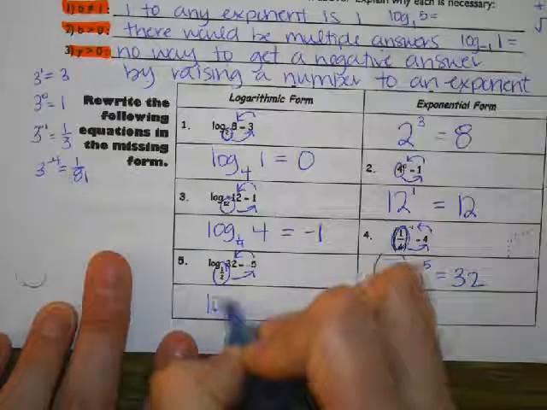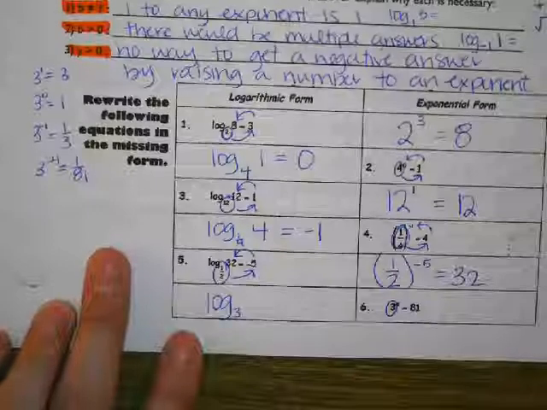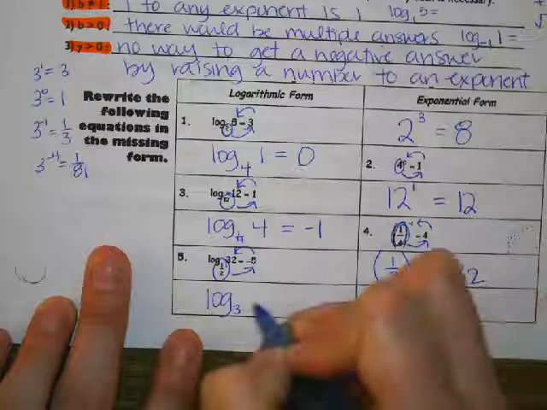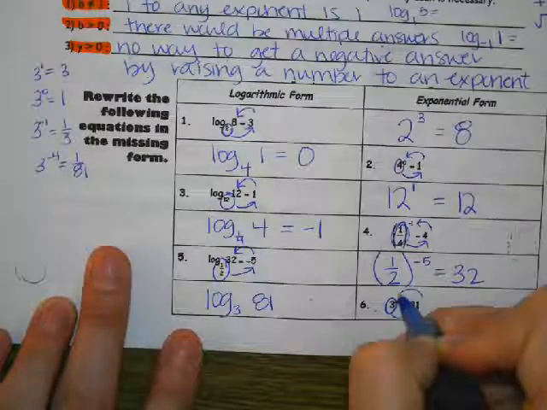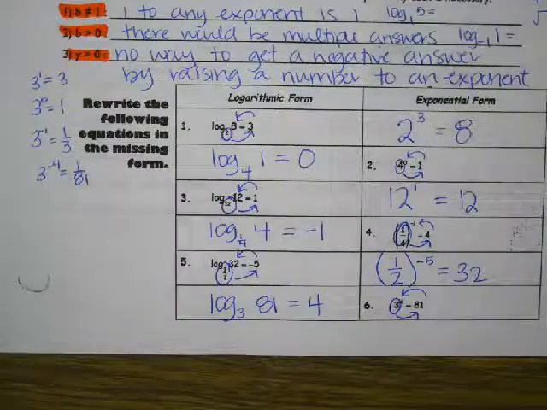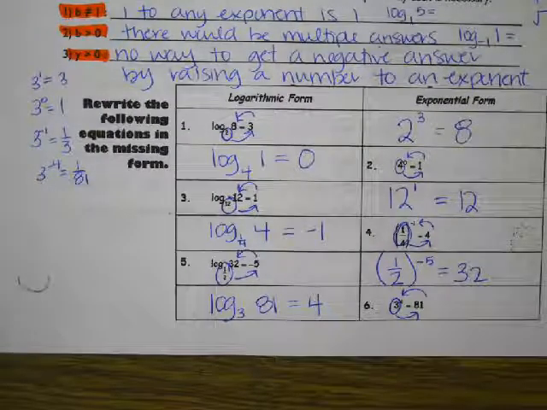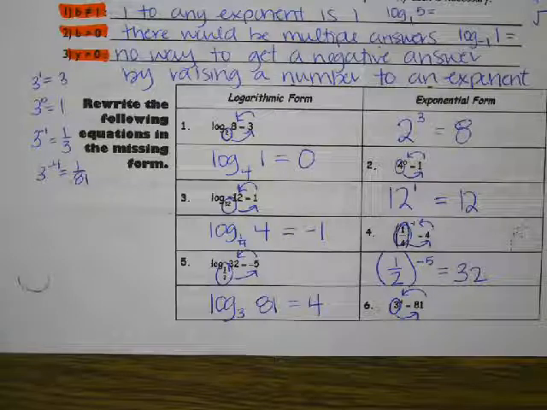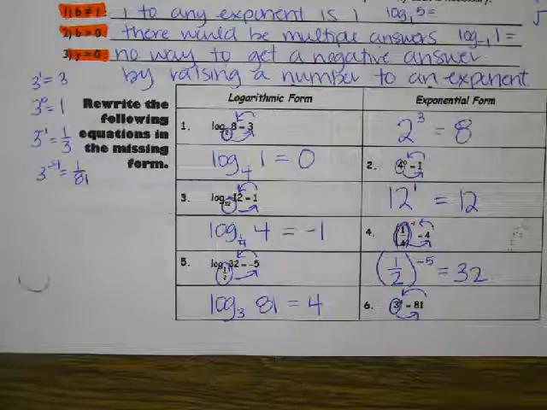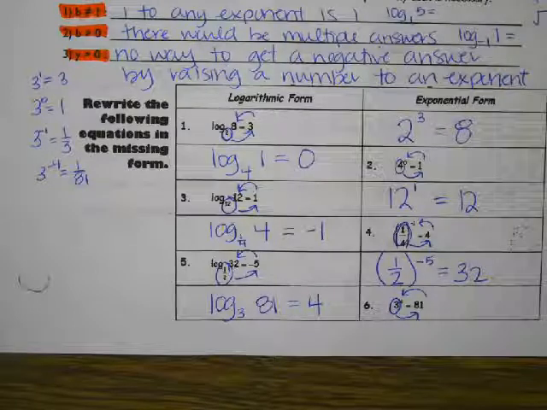And then last, we have log with a base of 3 of 81 equals 4. All right, how do we feel about converting them? Easy? We're good? Okay.